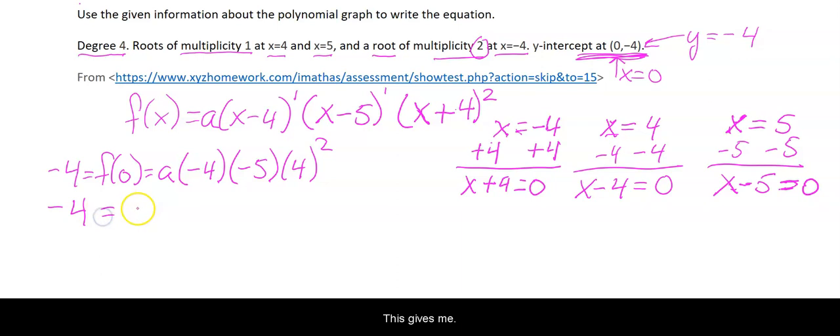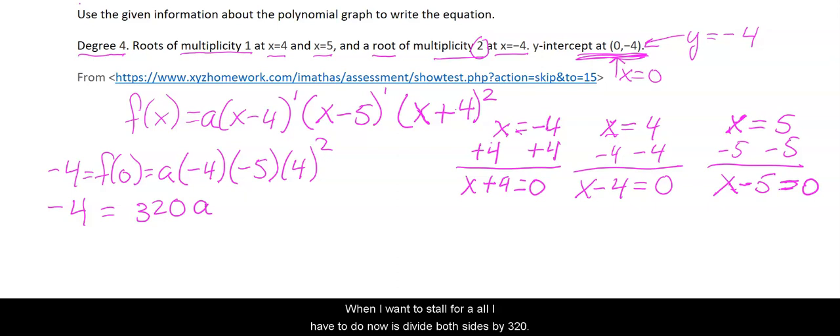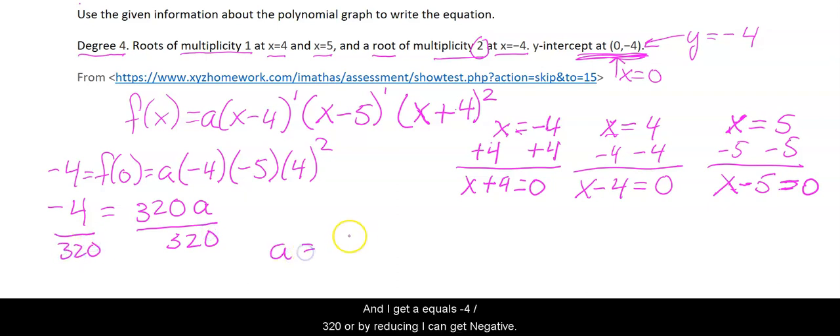This gives me 320a. Again, that's 20 times 16. When I want to solve for a, all I have to do now is divide both sides by 320, and I get a equals negative 4 over 320, or by reducing, I can get negative 1 over 80.